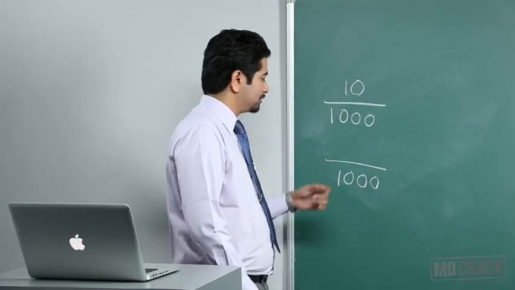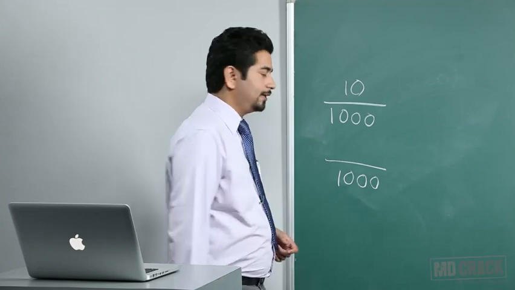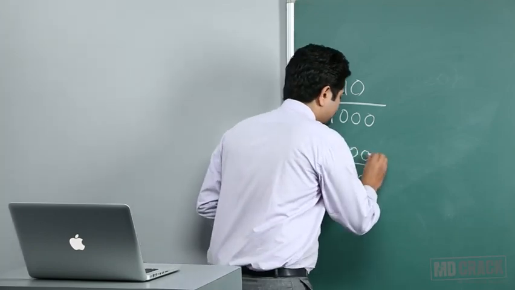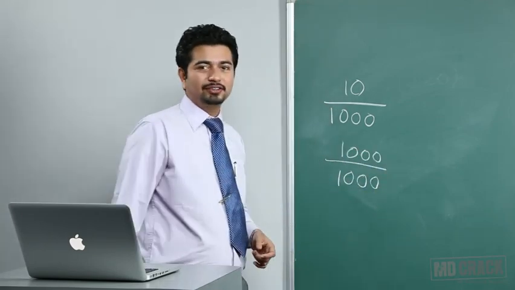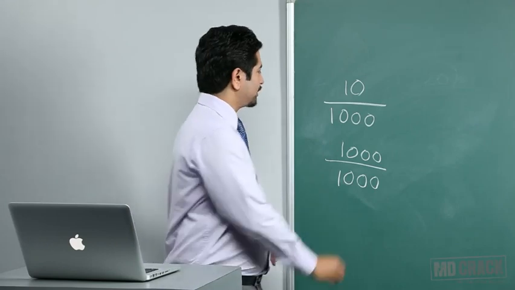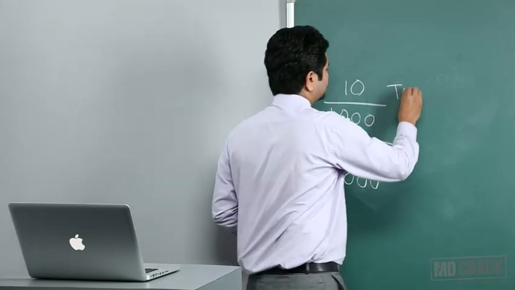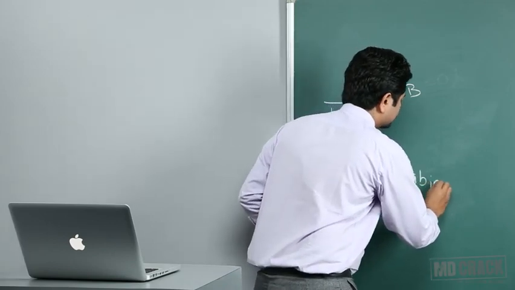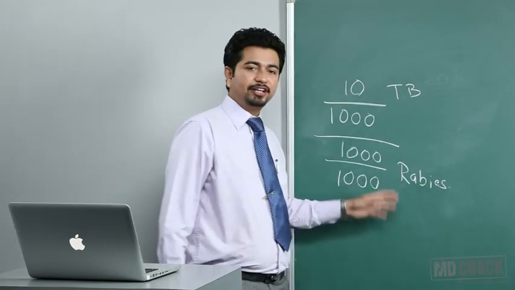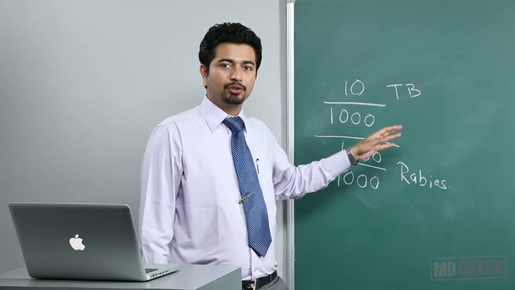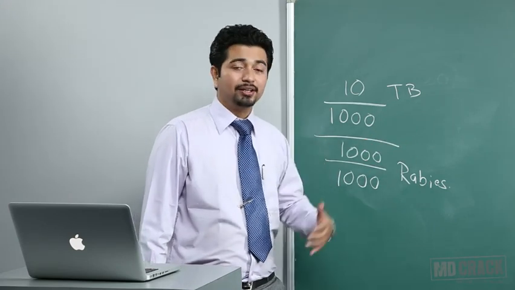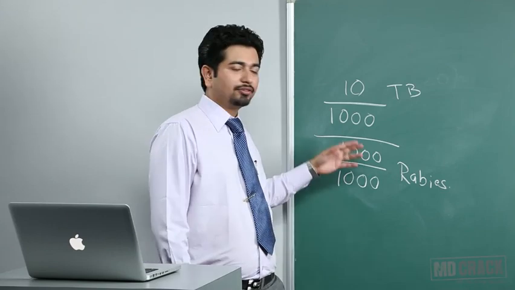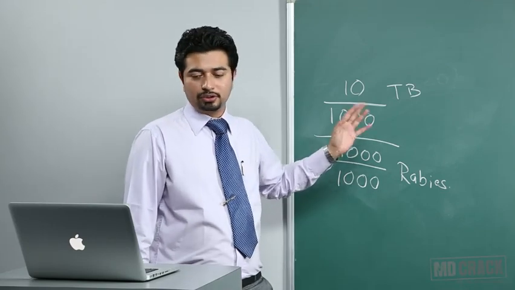How many people had rabies? 1000. How many died? Everybody. Okay, everybody died of rabies. So you can see that case fatality rate of tuberculosis is very small as compared to rabies, and hence I conclude that rabies is a very dangerous disease as compared to tuberculosis. Okay, so killing power of rabies is very high as compared to tuberculosis.